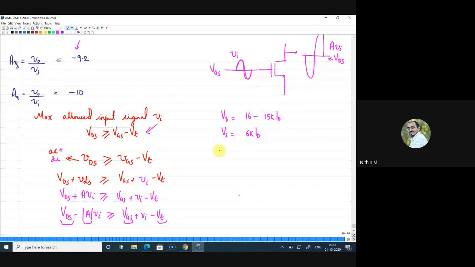Vg I think we already calculated in the beginning. Vg value is 3.9. So ID is 0.4 milliamps. So with that you will get these values.